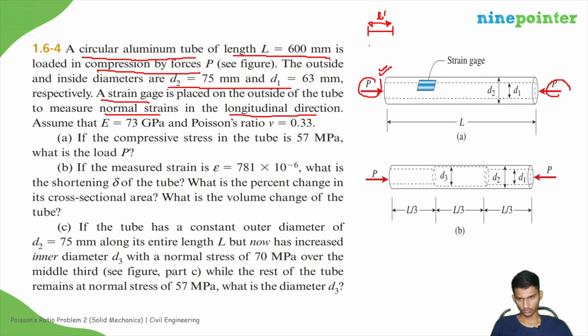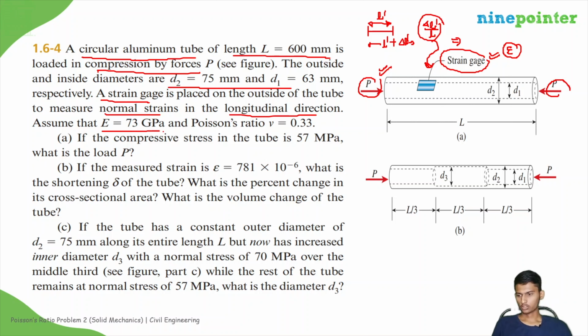Then whatever stretch it gets, suppose this becomes L plus delta L dash, then the strain will be delta L dash divided by L. So the strain gauge measures this strain, which is the change in length of the aluminium tube divided by its length. We won't measure the change in length of the tube, but the strain gauge directly gives the value of strain.